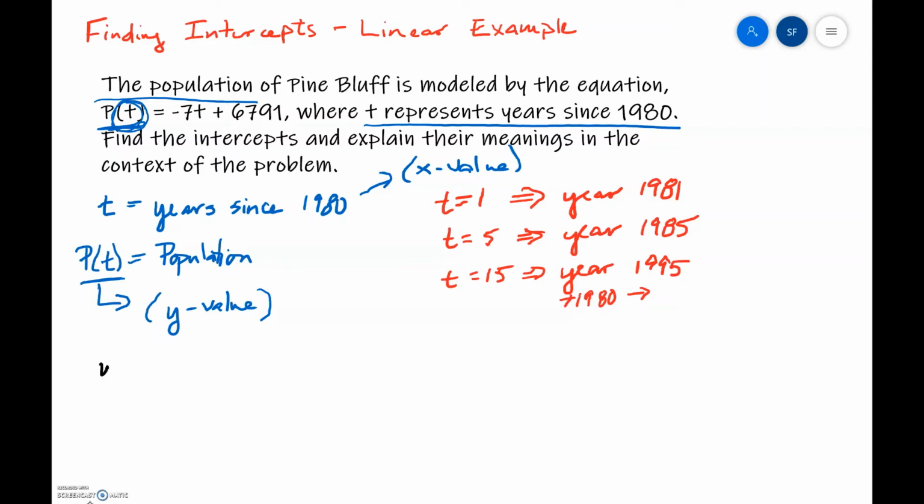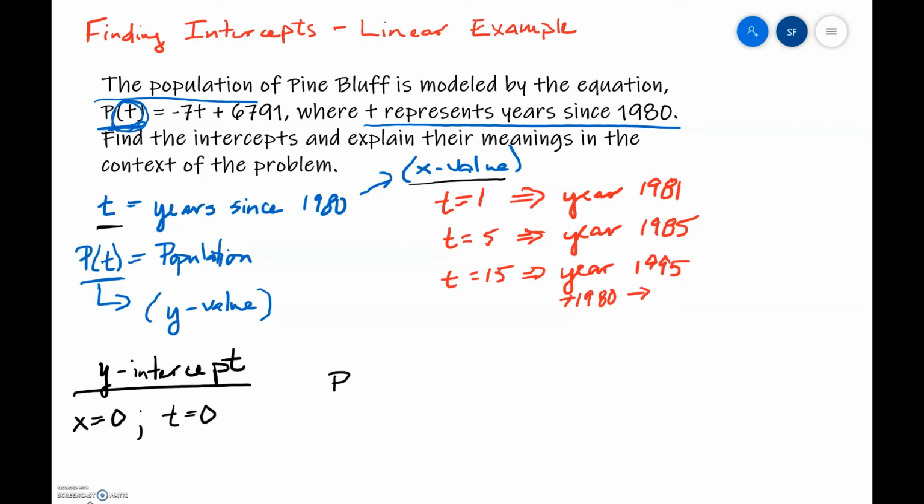Let's find our y-intercept first because it tends to be easier. To find the y-intercept, normally we would set x equal to 0, but we don't have an x. The x value that we have is actually a t, so we need to set t equal to 0.